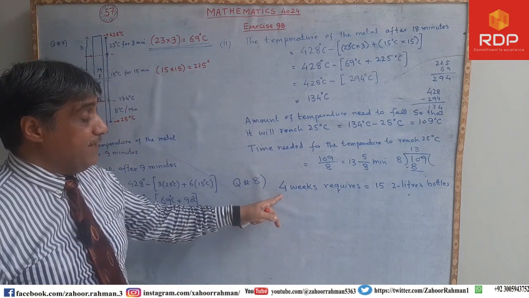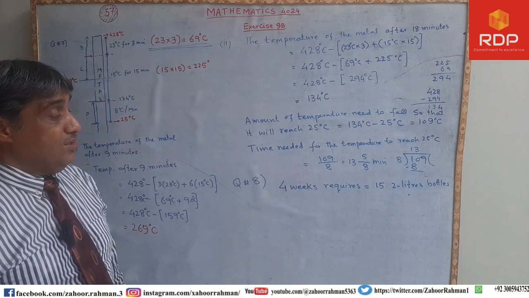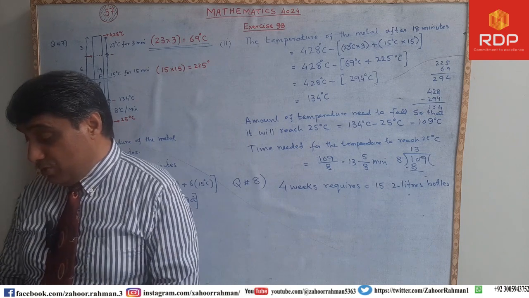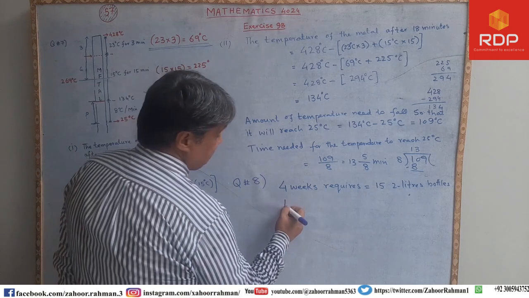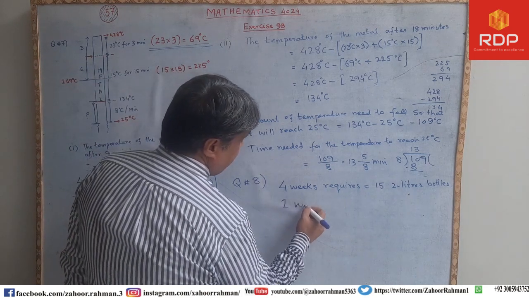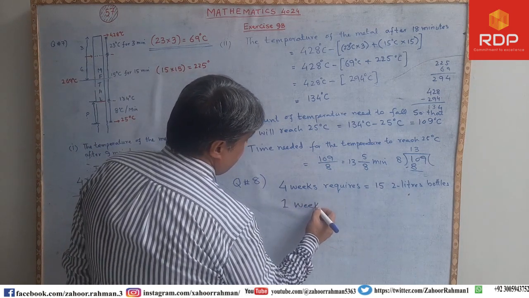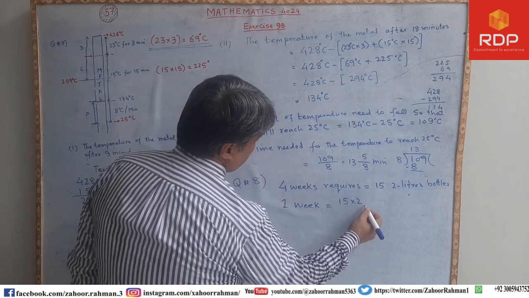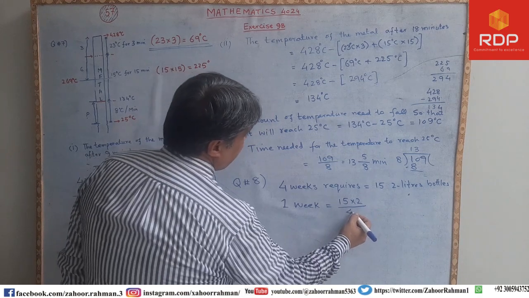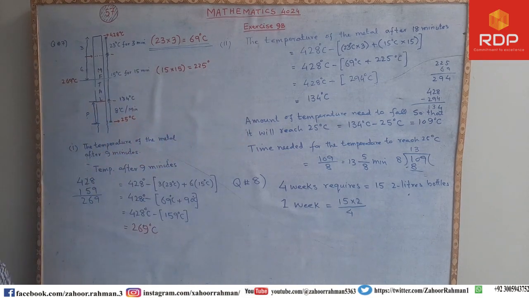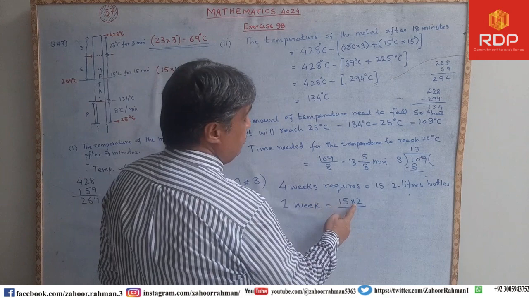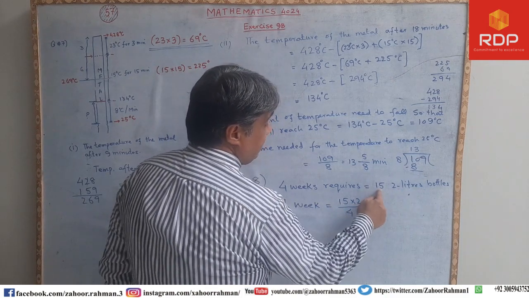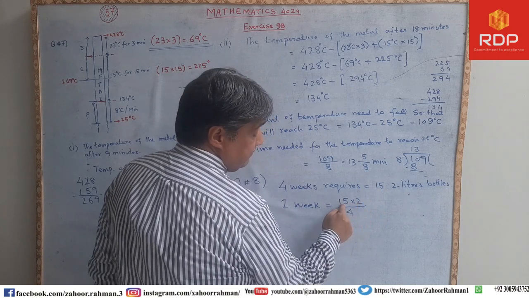He was using this for 4 weeks. So for 1 week, the requirement will be 15 2-liter bottles divided by 4. In 1 week, why 15 2? Because 2 liters, 15 bottles.